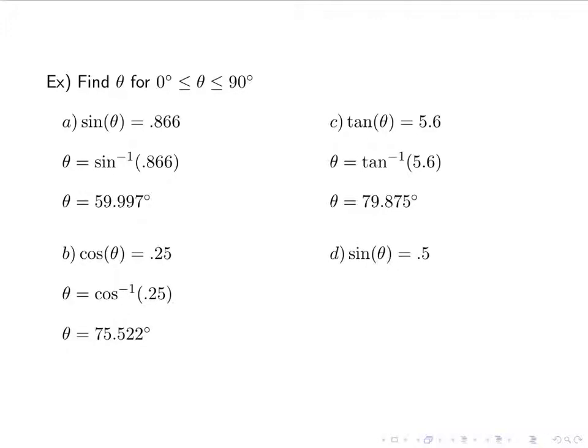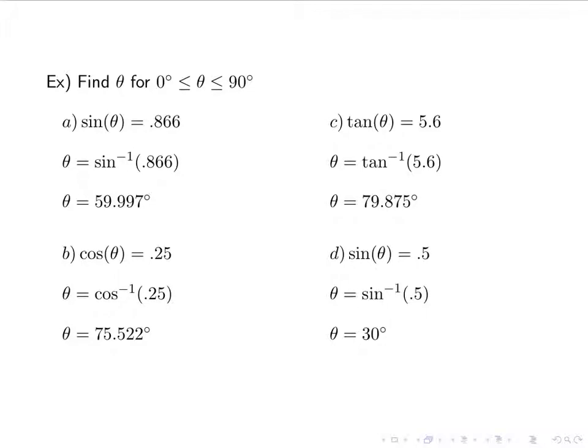So we'll do one more of the sine, cosine, tangent, the buttons that we have on our calculator. So sine of theta is 0.5. I want to get out theta. I need to get rid of the sine. So I hit it with sine inverse. So again, theta is sine inverse of 0.5. Theta is 30 degrees.